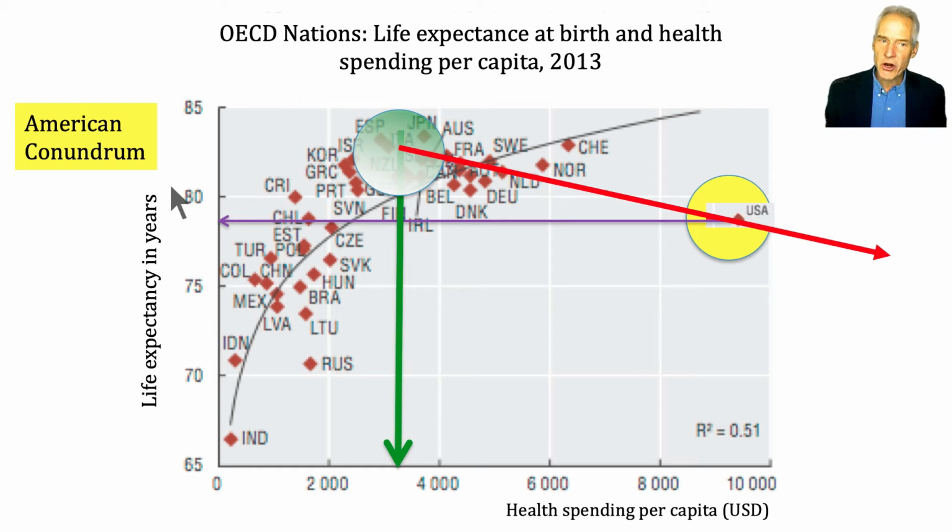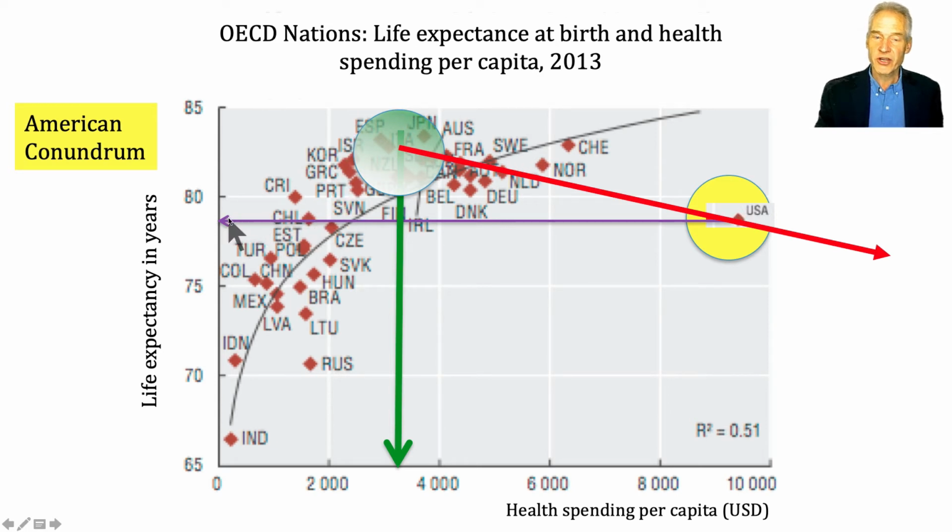So here's the conundrum we have in America. I call it the American conundrum. This is the curve of life expectancy in years. The further we go up, the longer you live, versus the cost of healthcare being spent for interventions and whatnot in those various countries. You can see that Europe and Asia are very long-lived compared to the United States.